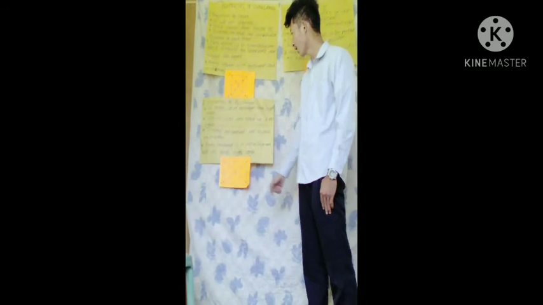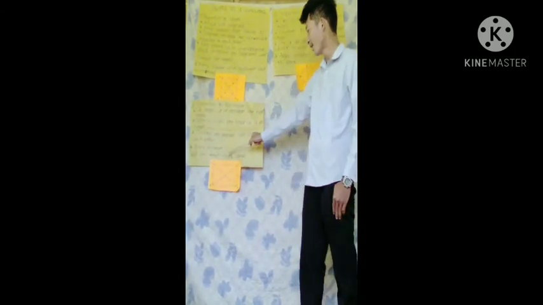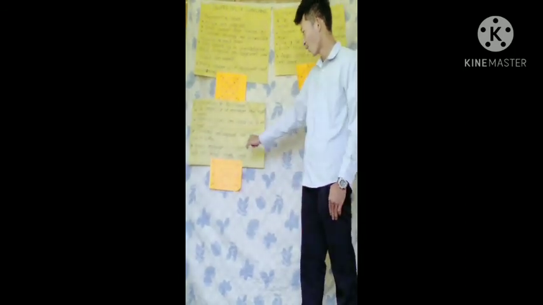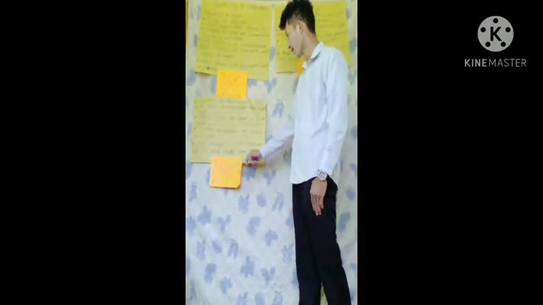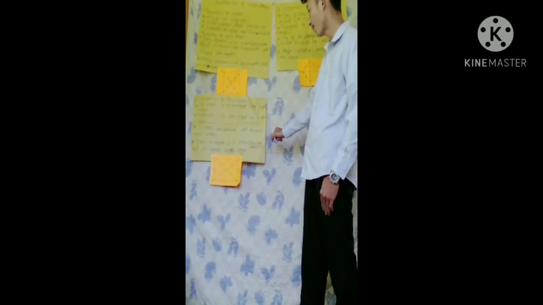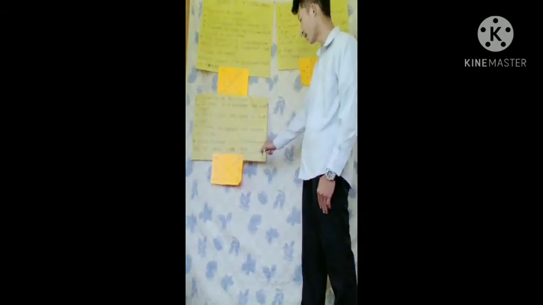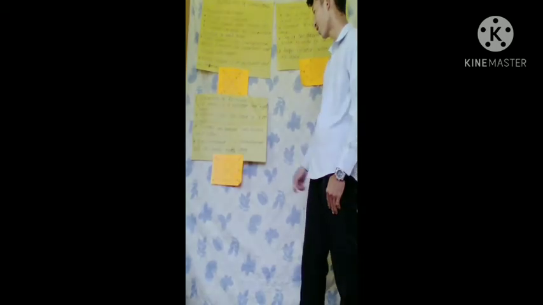Let's proceed to the fourth property of a rectangle. Every rectangle is a parallelogram with at least one right angle. As we can see, every rectangle is a parallelogram that has at least one right angle.